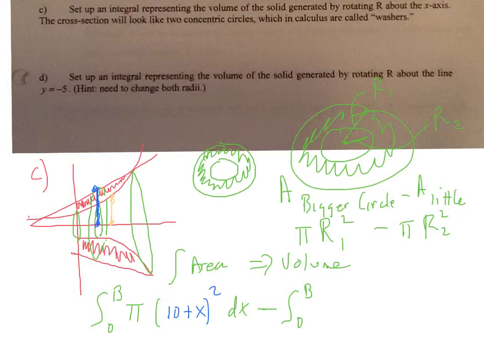So it's a smaller radius, as it should be. So I'm going to have pi, put my dx in here, and then I have my e to the x squared. So then you can use your calculator to solve that problem.